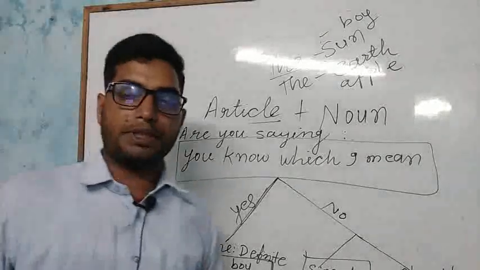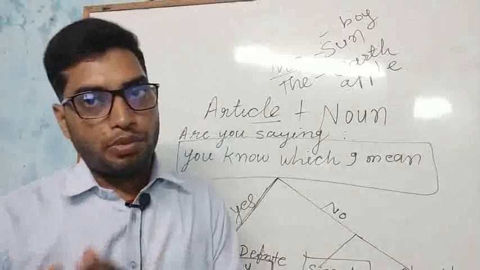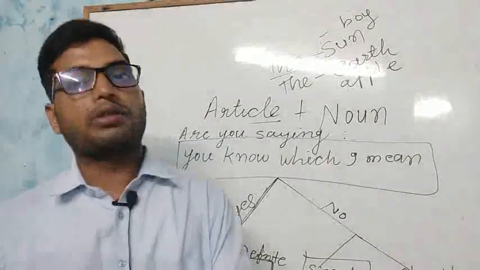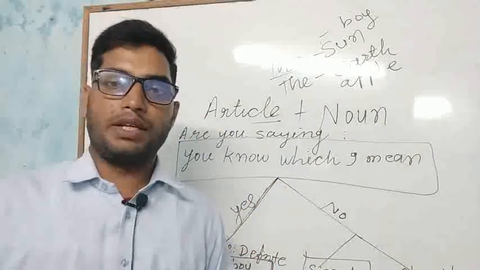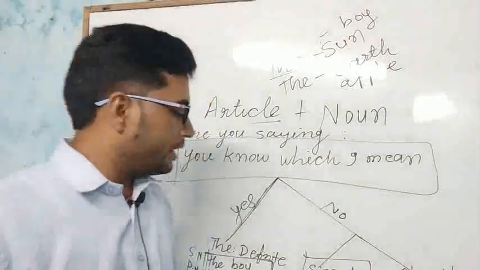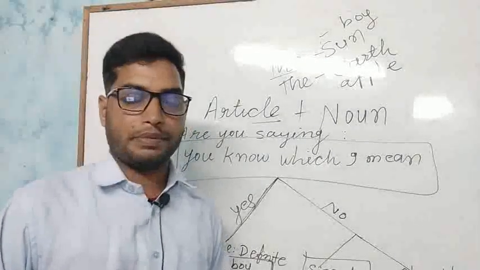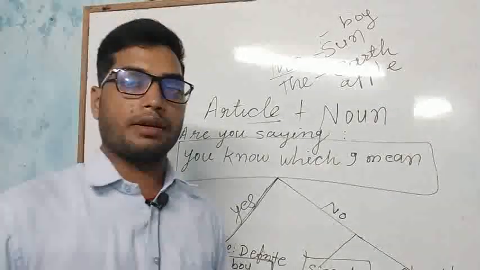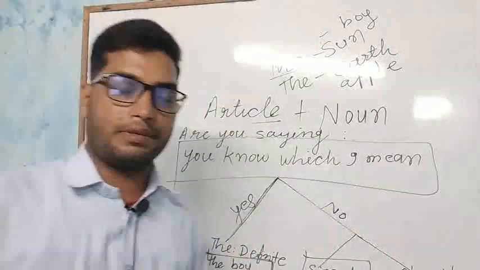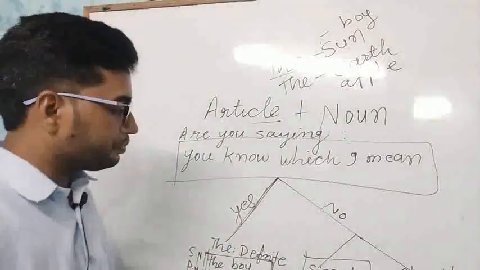It means everywhere we can use the. A or an can be used only with singular noun. There is no scope of using a or an with uncountable and plural noun, right? I hope this is very clear to you.